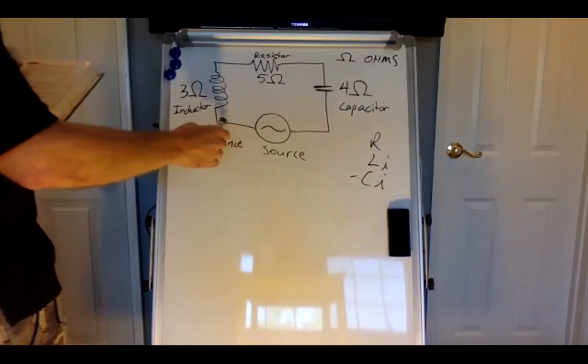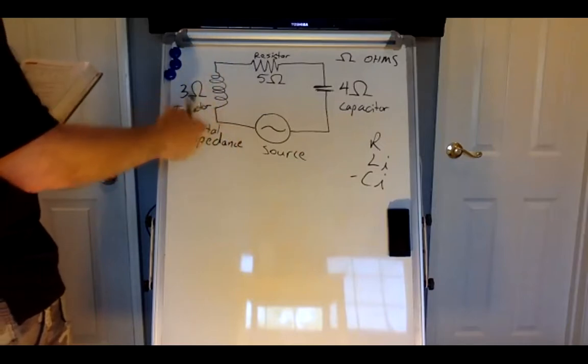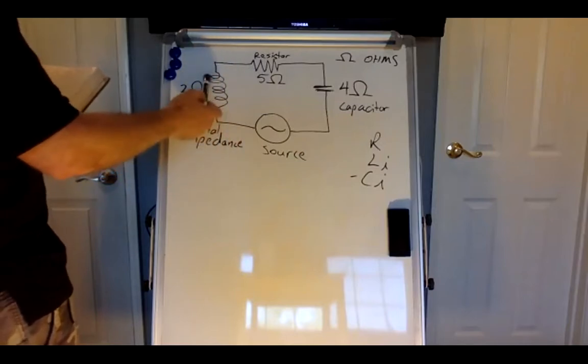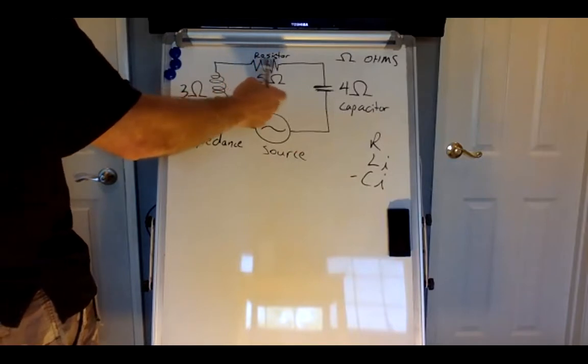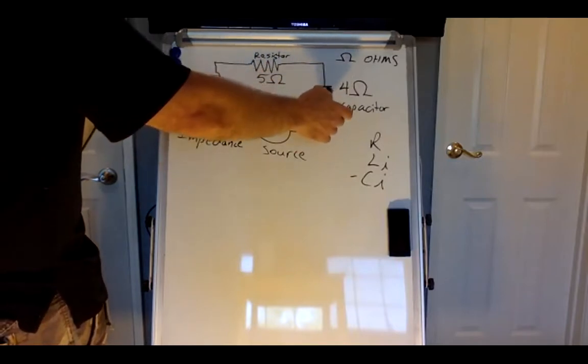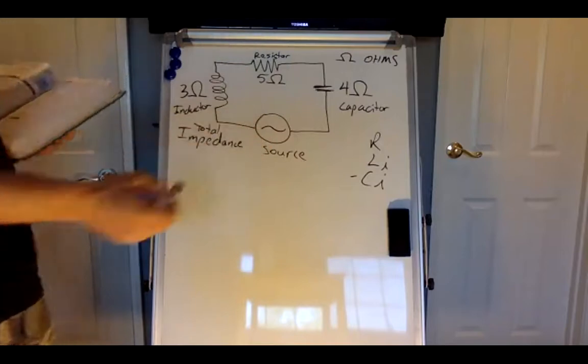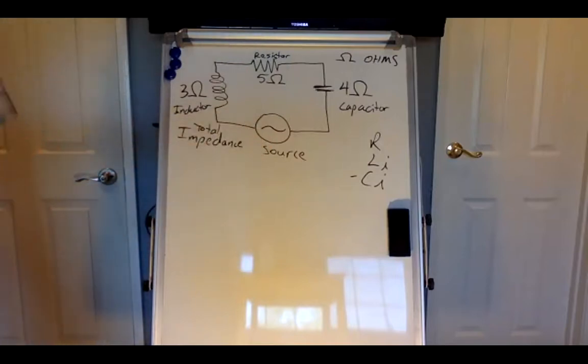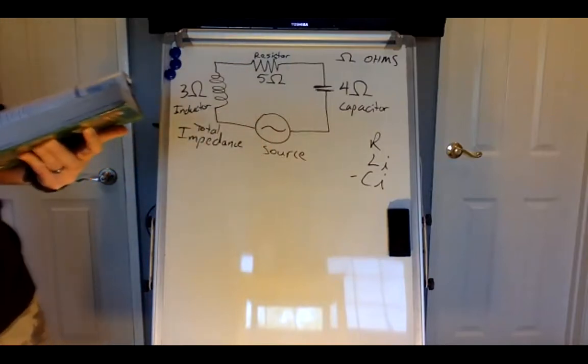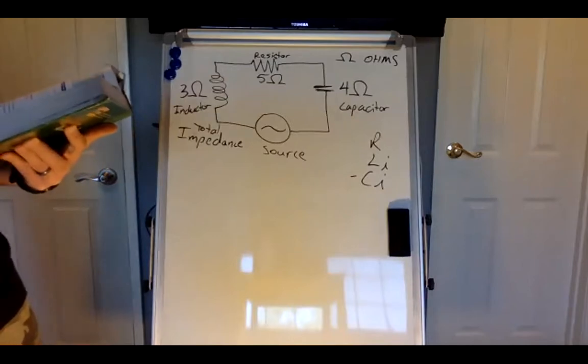As the current comes through, 3 ohms of reactance here, 5 ohms of resistance here, and 4 ohms of reactance here, and then it comes back to the source. The impedance for a series circuit is the sum of the impedances for the individual components.